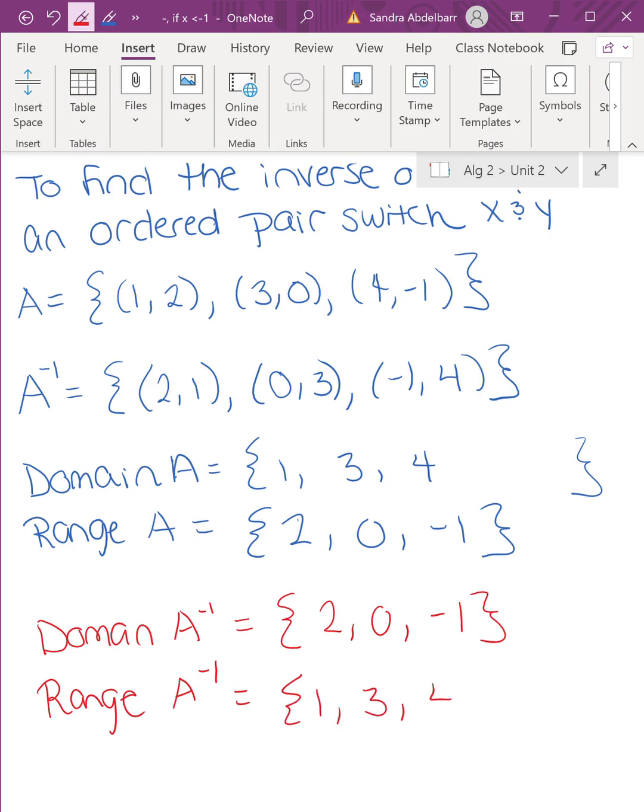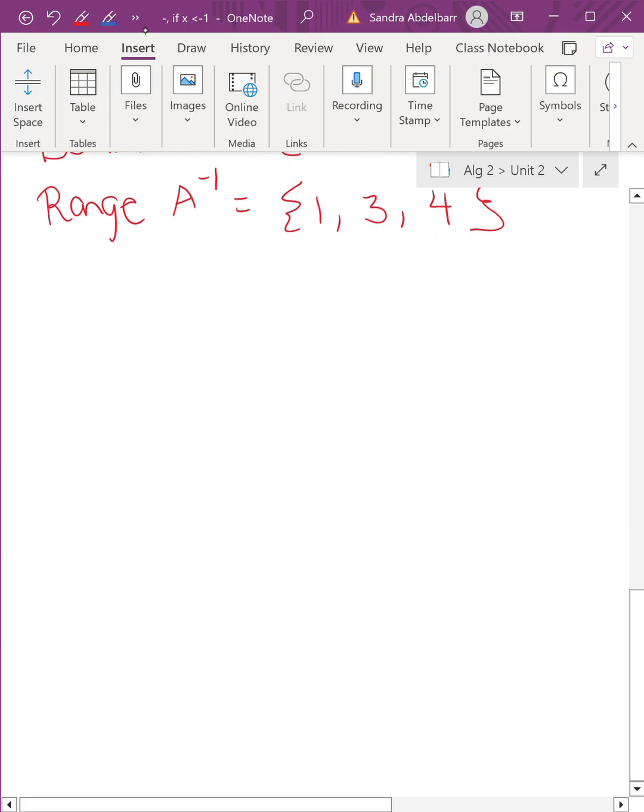1, 3, 4. All right, somebody make a connection for me between the domain and range of the original versus its inverse. The domain of the regular is the same as the range of the inverse. Good. The domain of the original is the range of the inverse, and the range of the original is the domain of the inverse, always. Doesn't that make sense since you're switching the x and y coordinates? All right, let's write that out, because that's going to come into play when we get more complicated.